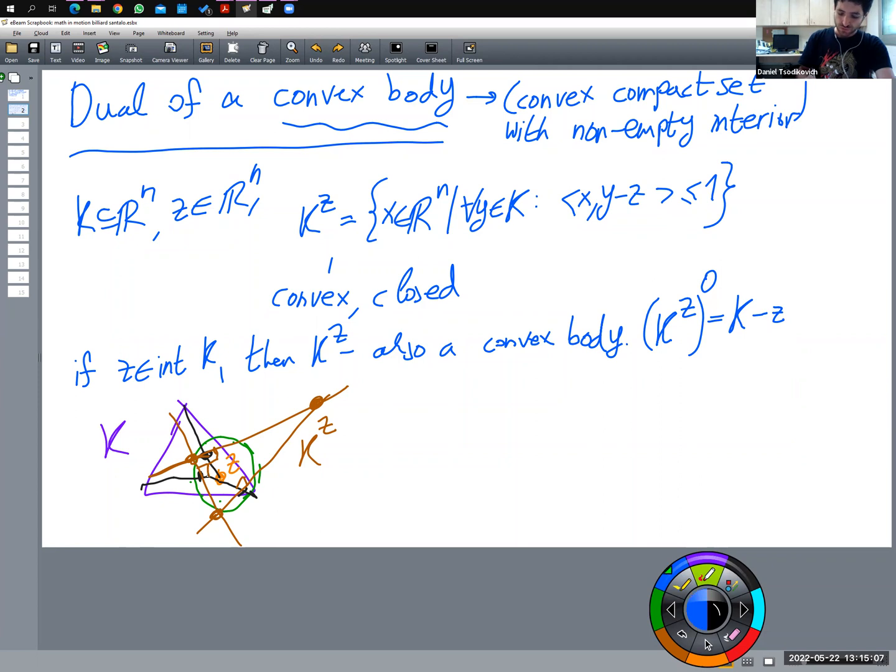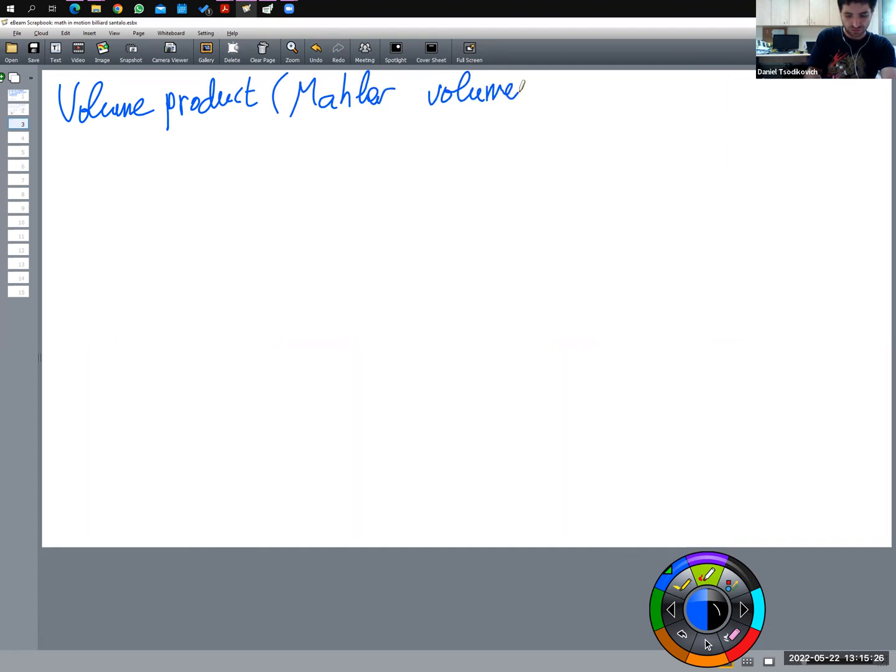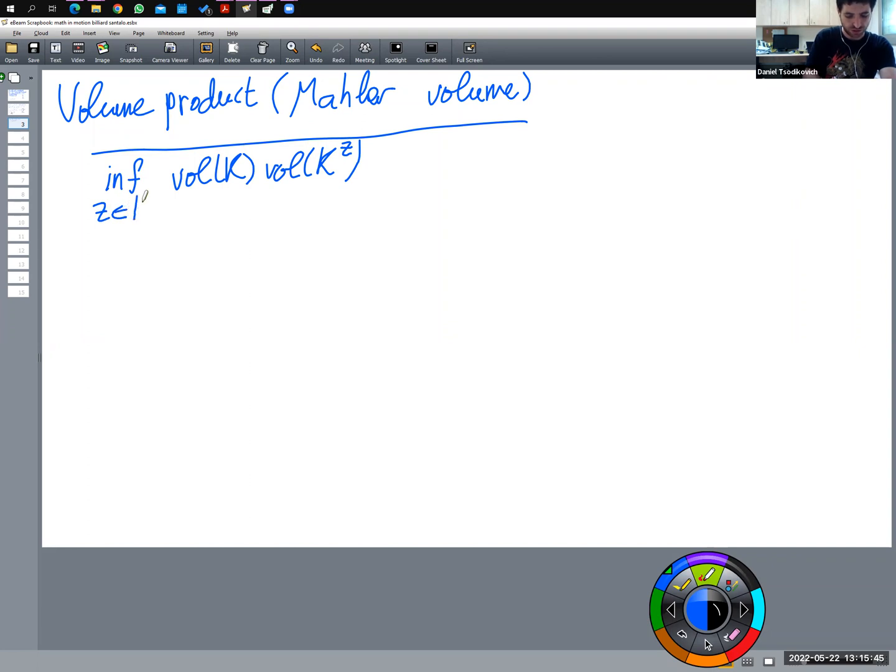So what is the Blaschke-Santalo inequality all about? We define the volume product, sometimes called the Mahler volume, of a body K. This is the product of the volume of K with the volume of the dual of K, but this obviously depends on the center of the dual, so we minimize it over all points inside the body.